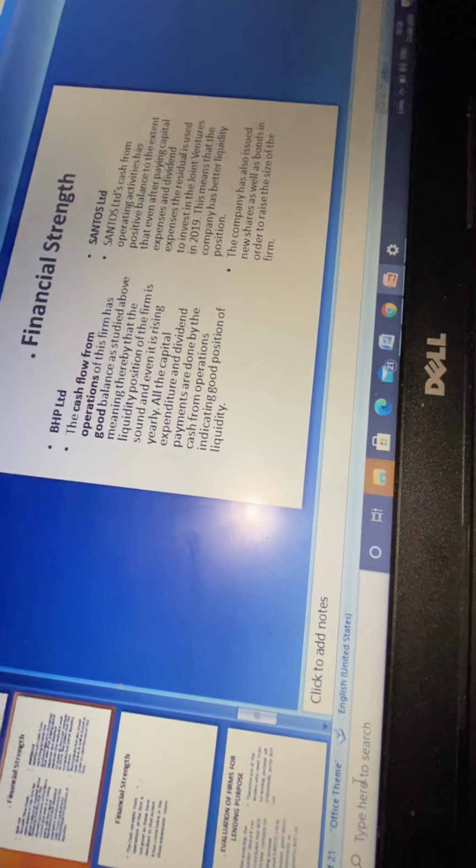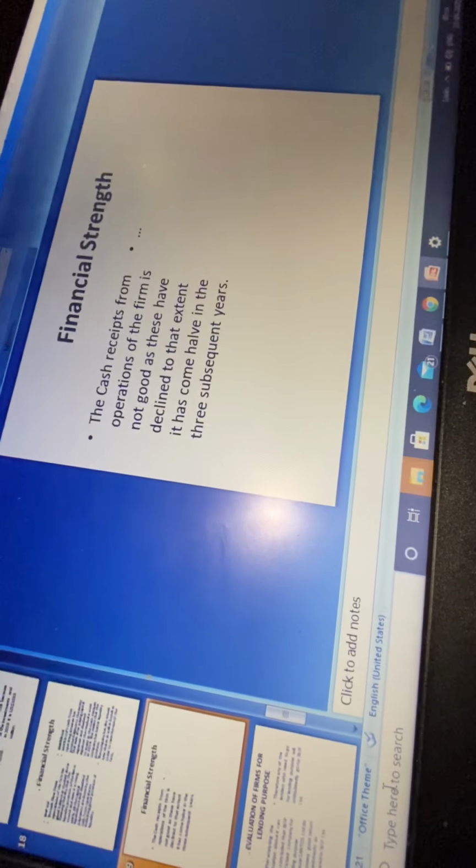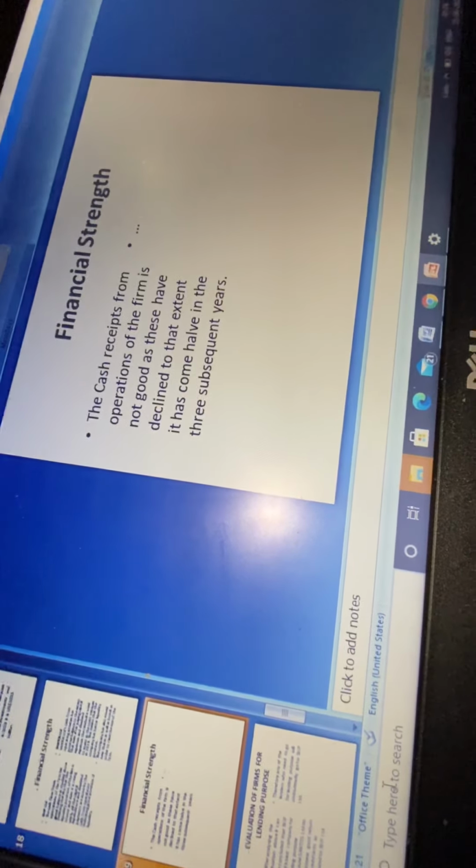While for Fantastic Limited, the cash received from operating activities was not good. It declined to half over the three subsequent years, and it was showing a negative balance.